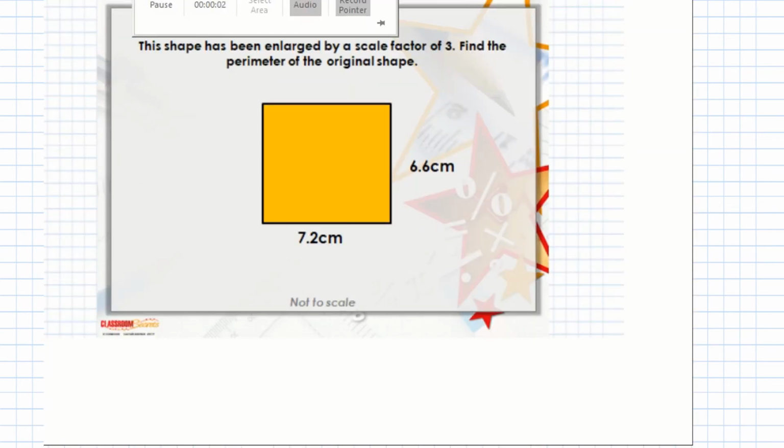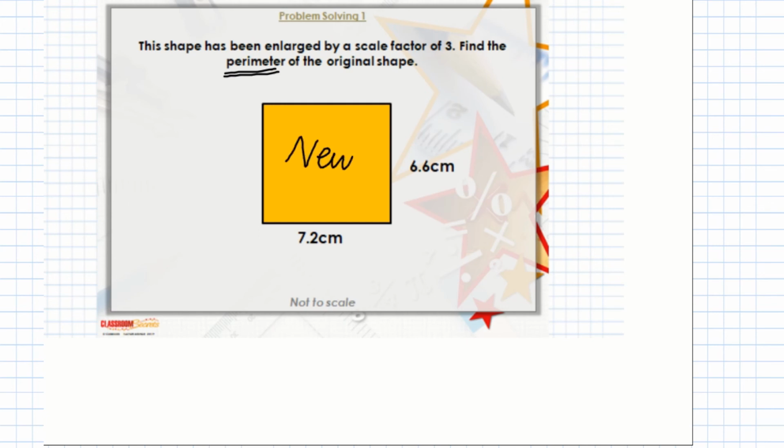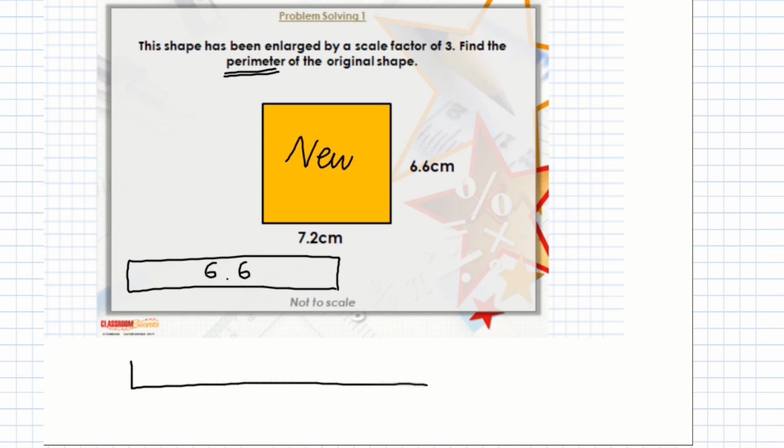This shape has been enlarged by a scale factor of 3. Find the perimeter of the original shape. So perimeter, going around the outside. So this is the new shape. The new shape's dimensions are 6.6 for its width and 7.2 for its length, both in centimetres.